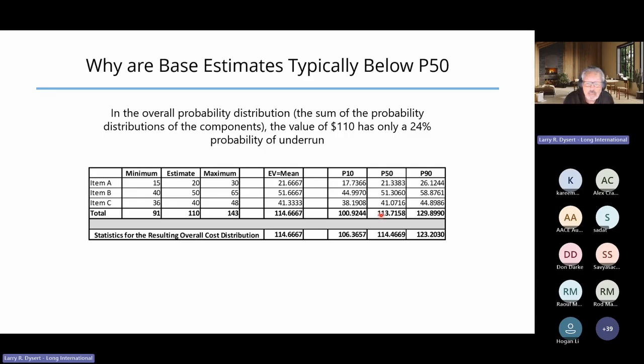I can't add up all the P10 numbers or the P50 numbers or the P90 numbers and get the equivalent for the overall distribution. We'll see here that for the overall cost distribution, our average was 114.6667, but the P50 value was 114.46, just slightly below this mean value.